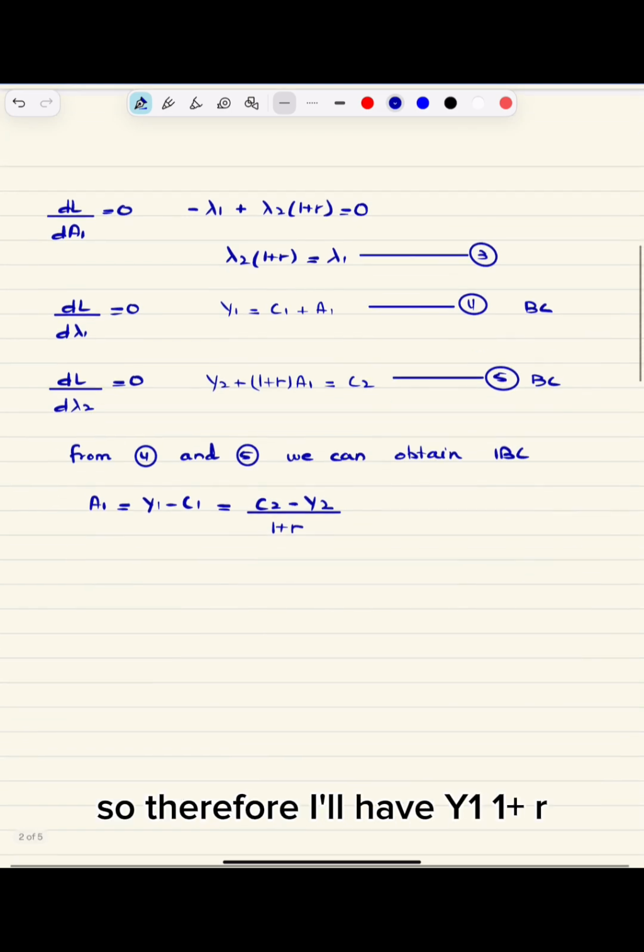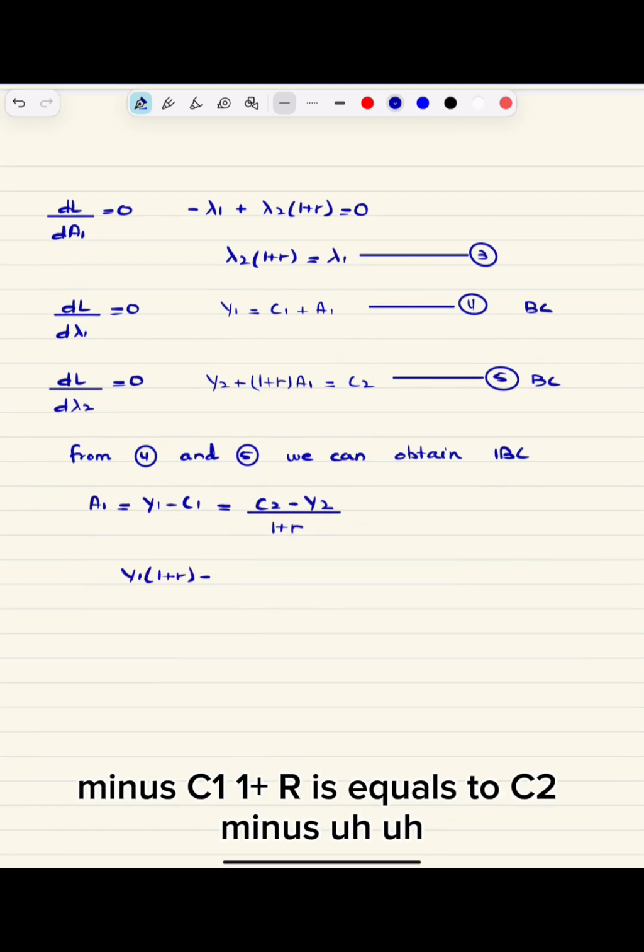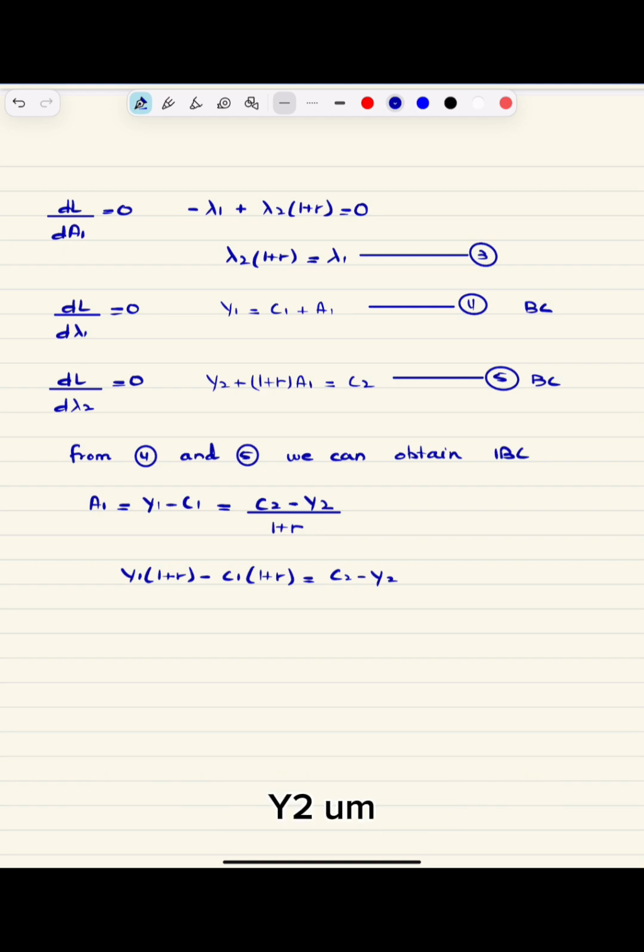Okay, so therefore I'll have y1 (1 + r) minus c1 (1 + r) is equal to c2 minus y2.